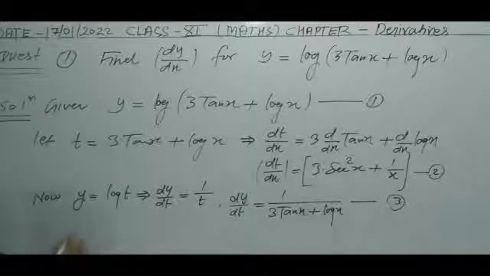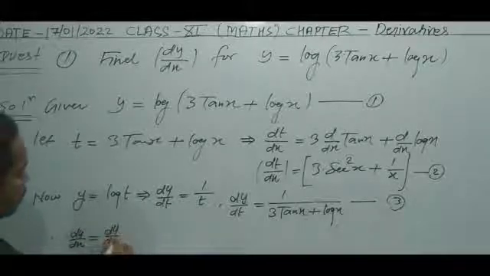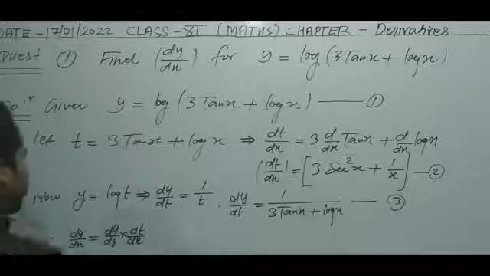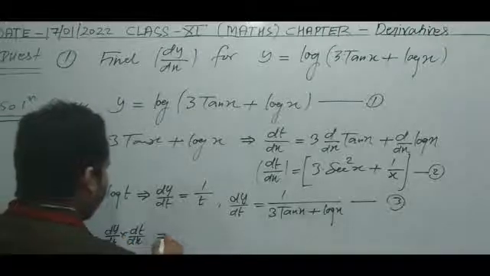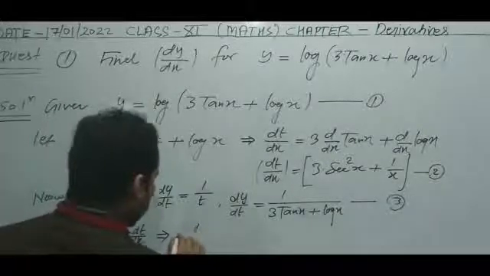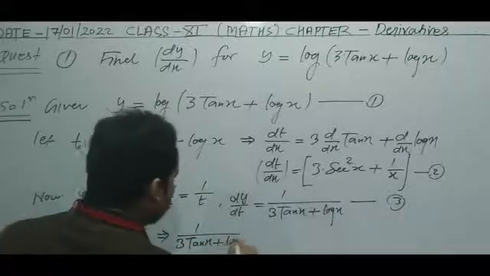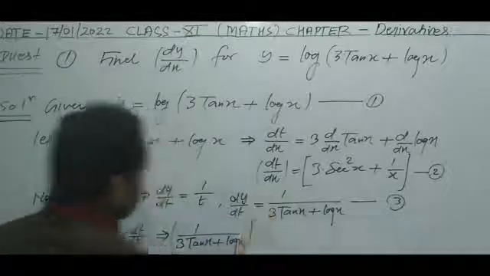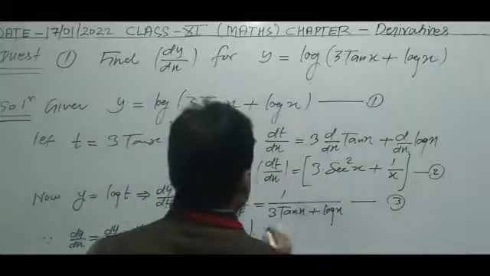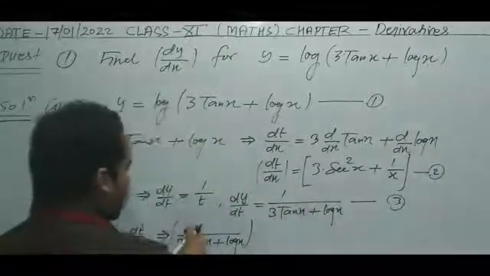Now dy by dx we can write dy by dt into dt by dx. So dy by dt result is 1 upon 3 times tan x plus log of x into dt by dx result is 3 sec square x plus 1 by x.